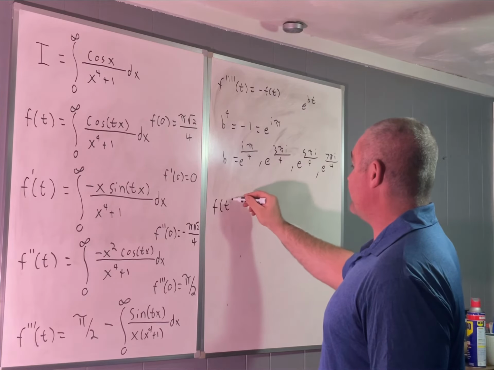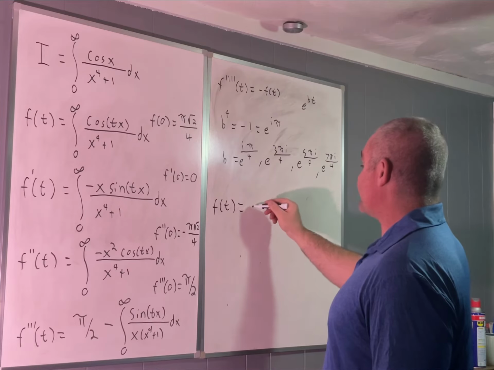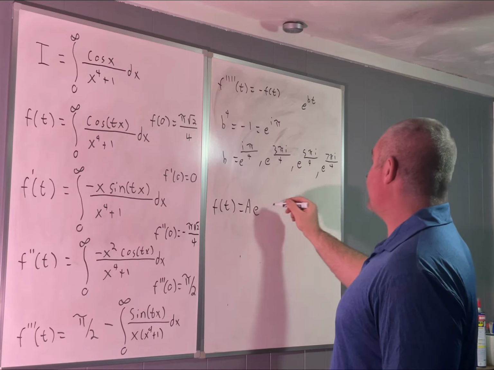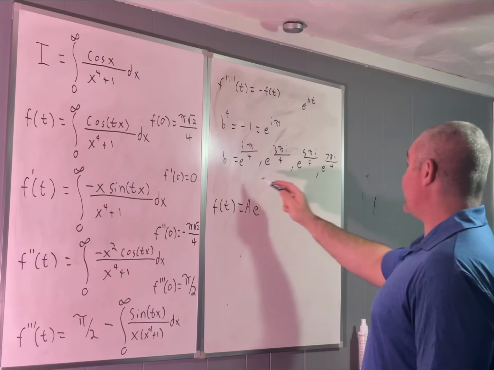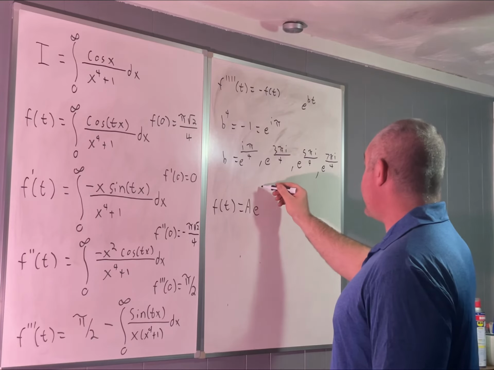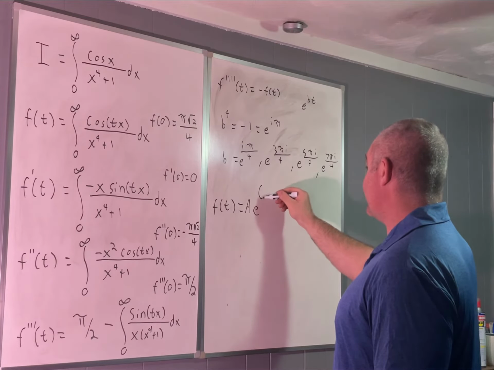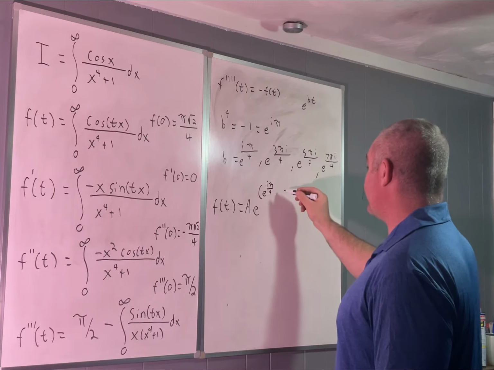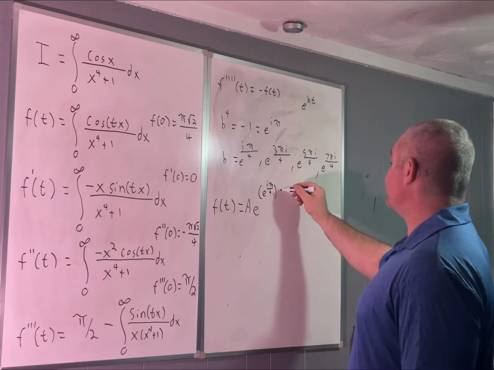f of t is equal to some constant a times e to the, now b is actually this, don't get that confused. b in this case is e to the i pi over 4 t.